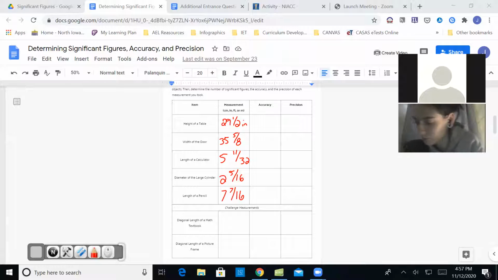Since I have a textbook, we'll just do the diagonal measurement. $13 and 11/16.